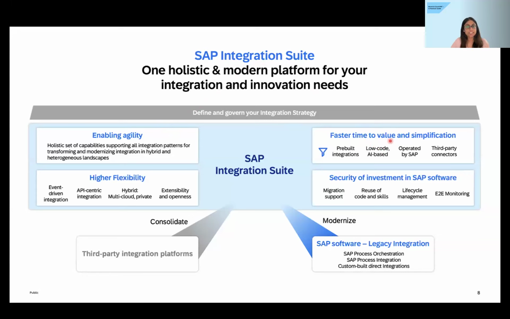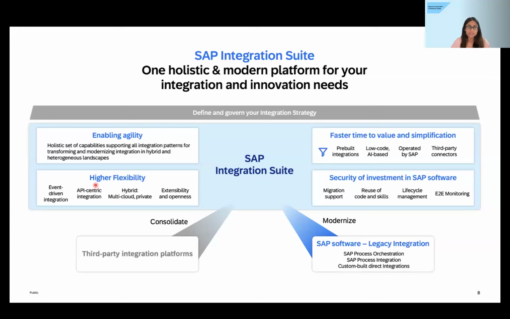We provide you with pre-built integrations. There is a lot of content in Business Hub, around 8,500 integration content items. Then our low-code and AI-based tools, operated by SAP, and we have a lot of third-party connectivity options. On the numbers, we have 250 plus connectors, and out of that, 240 plus are connectors for third-party applications.